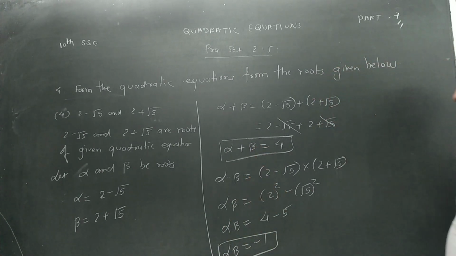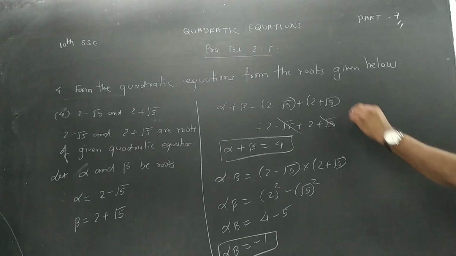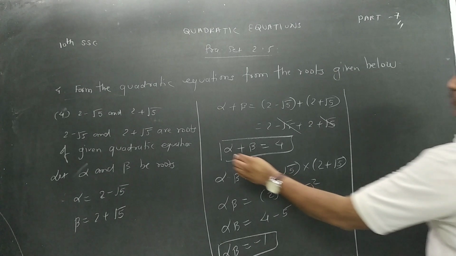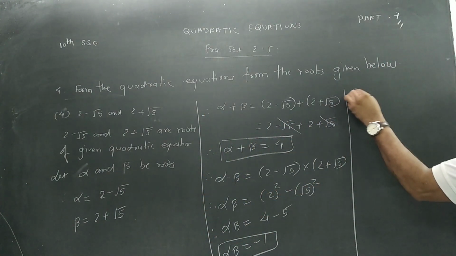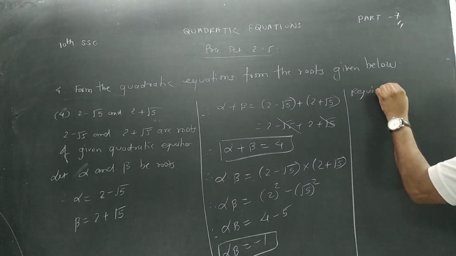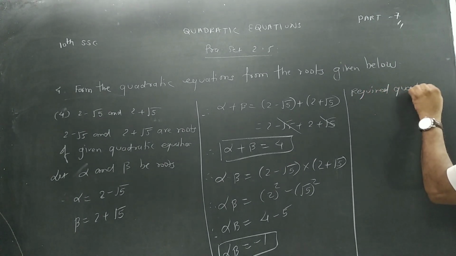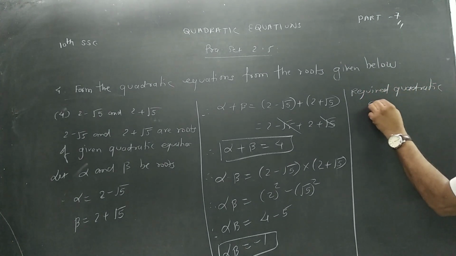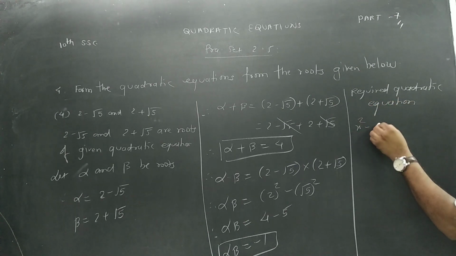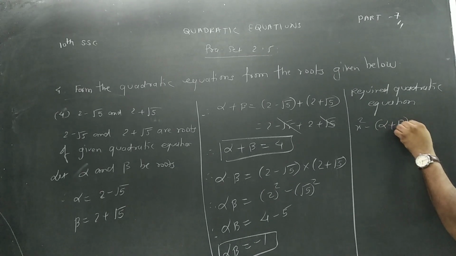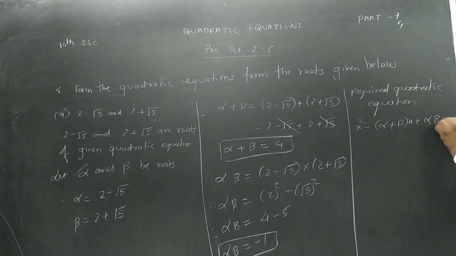You got the value of alpha plus beta, and here you got alpha into beta. So, what will I write now? Therefore, the required quadratic equation is x square minus (alpha plus beta) x plus alpha into beta is equal to 0.